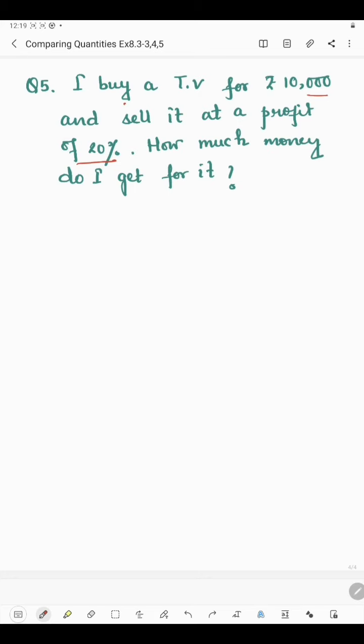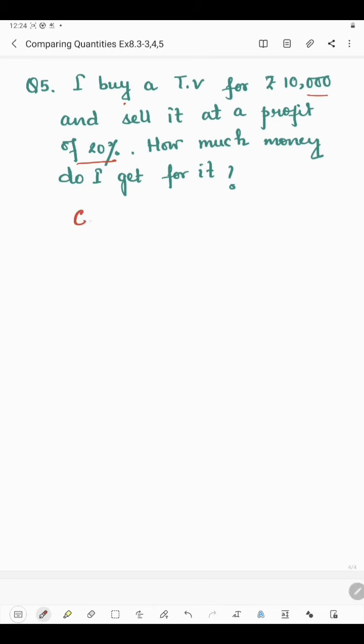That means I get more money on selling this, isn't it? More money than 10,000, because 10,000 was the cost price. And if I make a profit on selling this, that means the selling price was more than 10,000, isn't it?